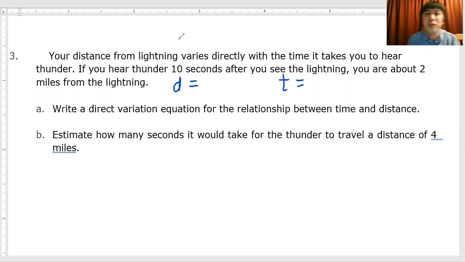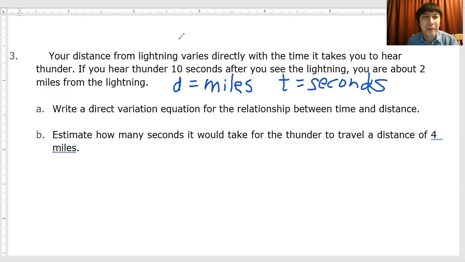We can use these variables. If you hear thunder 10 seconds after you see the lightning, you're about 2 miles away. So let D, our distance, be in miles, and T our time, in seconds.